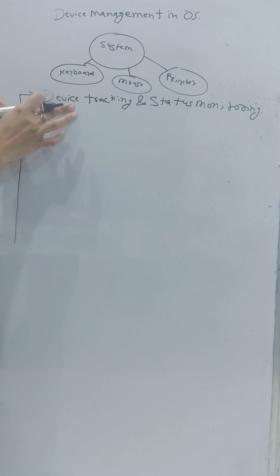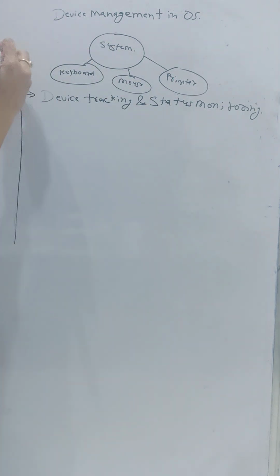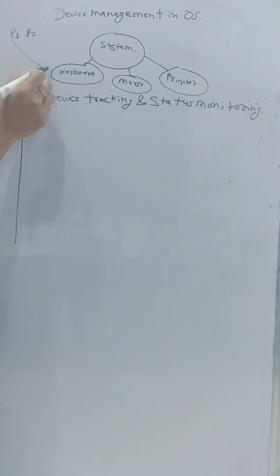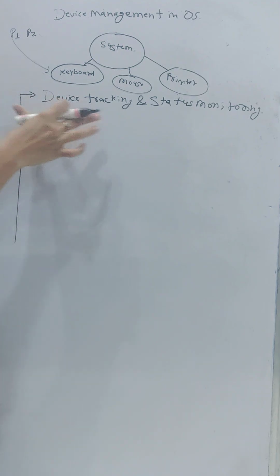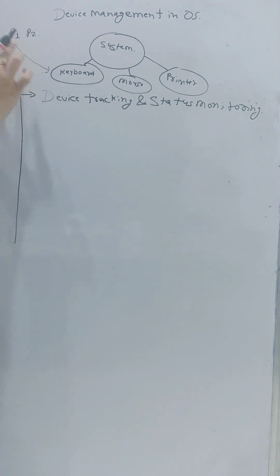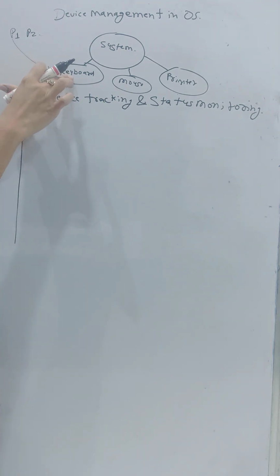Our first point is device tracking and status monitoring. In a computer system, suppose multiple processes are running, P1, P2. This P1 is using these devices. The operating system will have a record of which process is using which device.